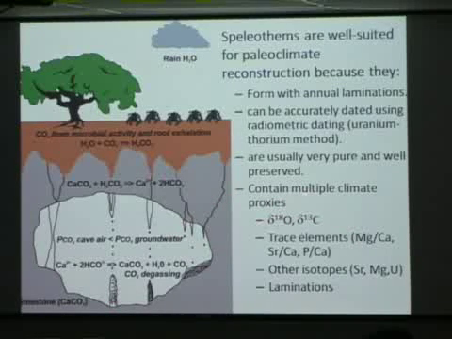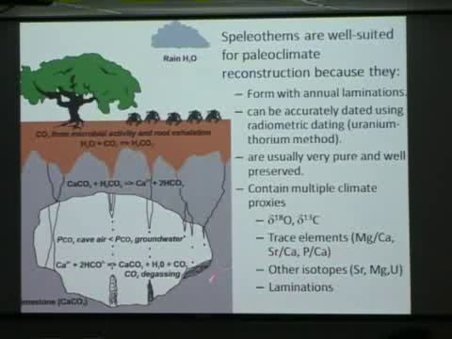And also, very importantly, they contain a number of physical and geochemical indicators which reflect the climate at the time that they formed. Of those, the two most commonly measured are delta O18 and delta C13, the stable isotope composition of the calcite. And in this talk, I'm going to focus mainly on delta O18. And then they also contain trace element variations, which reflect hydrological changes or perhaps temperature in some cases.